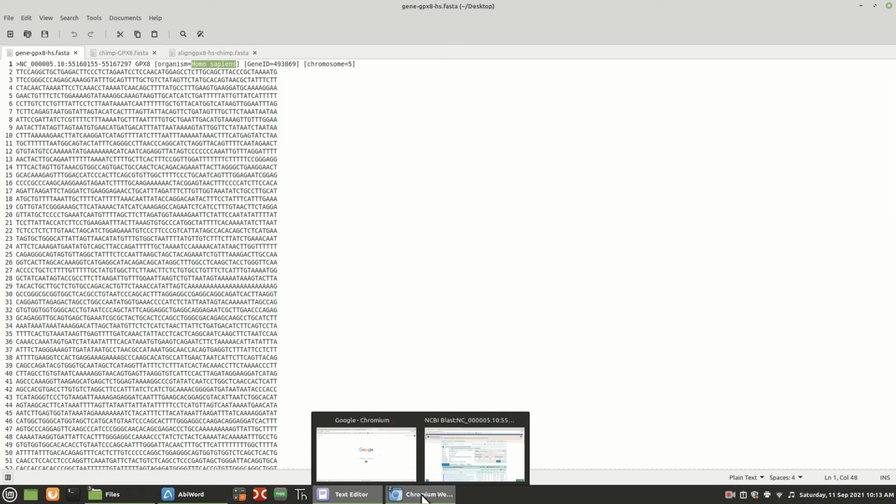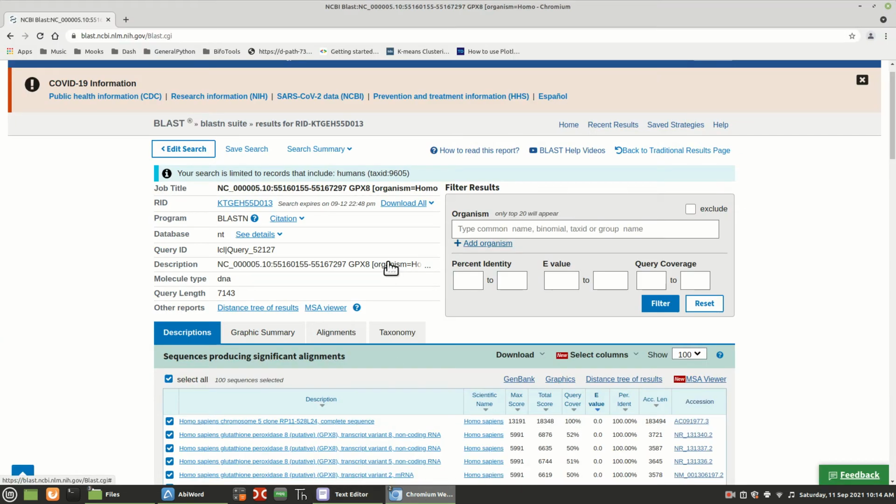I searched essentially the rest of the human genome using that sequence mainly to see what is similar and how similar the other things within the human genome are to the GPX8 gene.